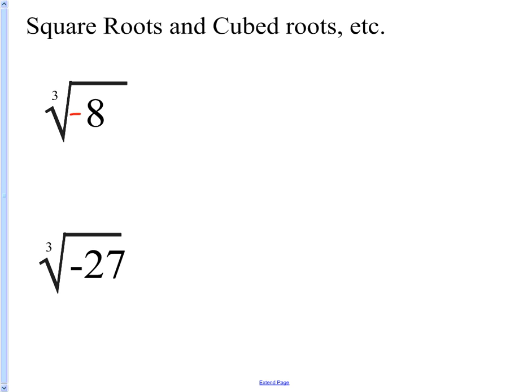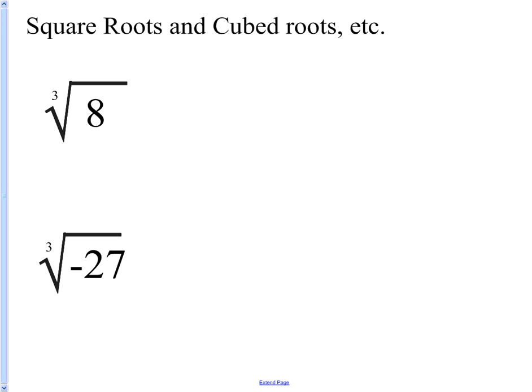Normally it's been a problem to have a negative underneath the square root, but it's not here, because it's what times what times what gives me negative 8. And something works. What is it? Negative 2 times negative 2 is positive 4, times negative 2 is negative 8, so it works. Okay, so it's not always a problem to have a negative underneath the root sign. If you're doing a square root, then it's a problem. Or if you're doing a 4th root, then it's a problem. But if it's a cube root, not a problem.